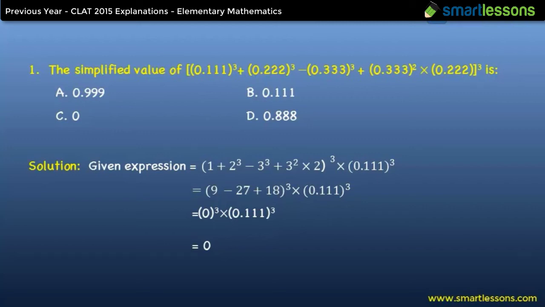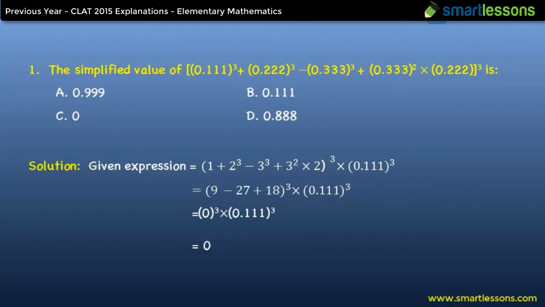So now it is very easy to solve. Inside the bracket you can see you have 1 plus 2 cube, that is 8. So 1 plus 8 is 9, minus 3 cube, that is 27. So 9 minus 27 is basically minus 18, plus 3 square into 2, that means 9 into 2, plus 18.